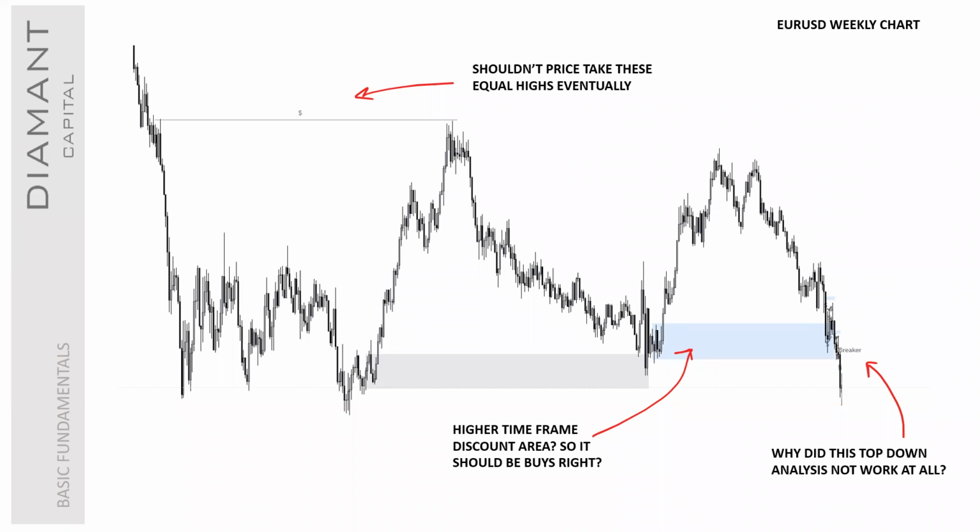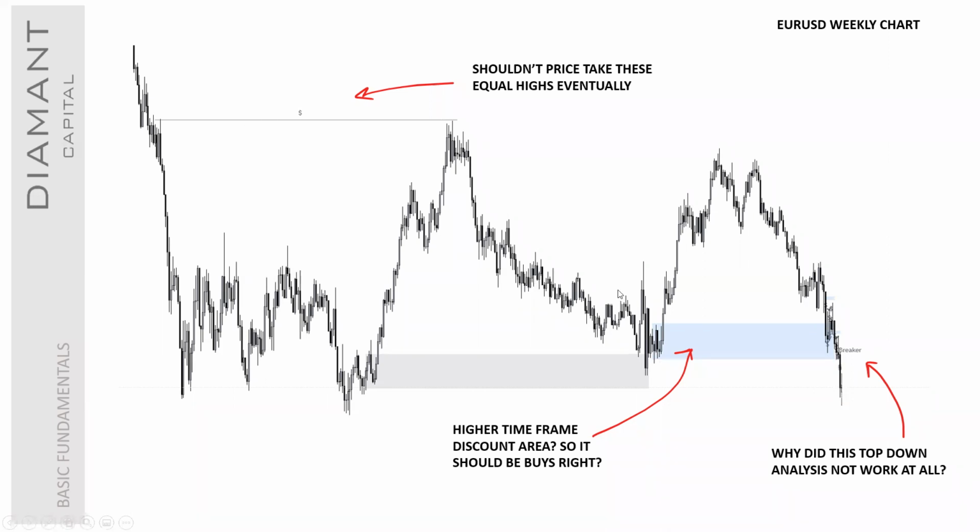Now, if you were just simply a technical trader, as I said, what have we got here? We've previously mitigated this order block right here. Eventually, price reached a premium area up here and could have taken this equal high, but rather than taking the equal high, price simply mitigated off this order block over here and then continued to drop downwards. What we can see right here is we're starting to create a range.